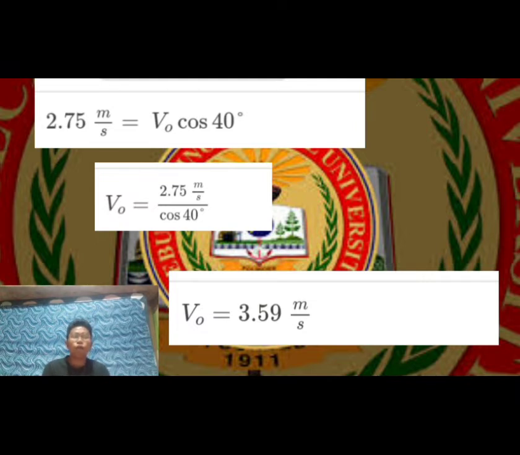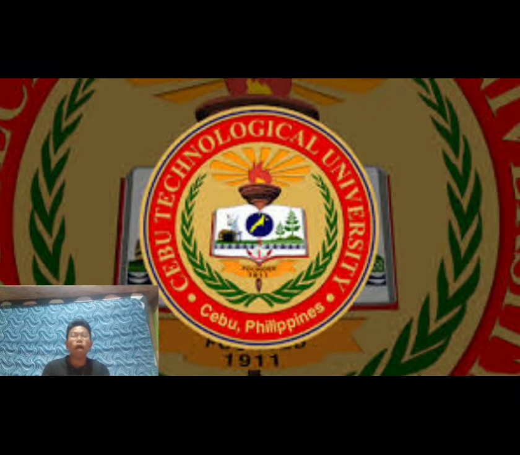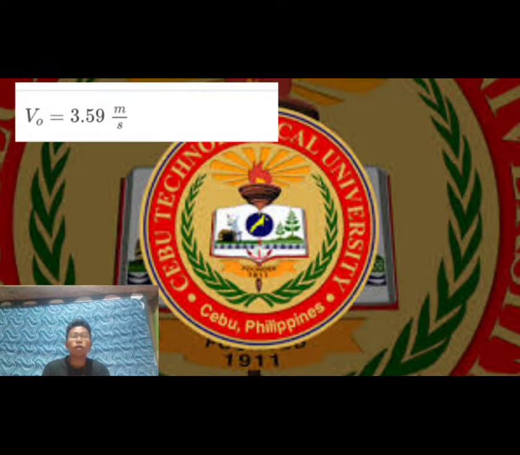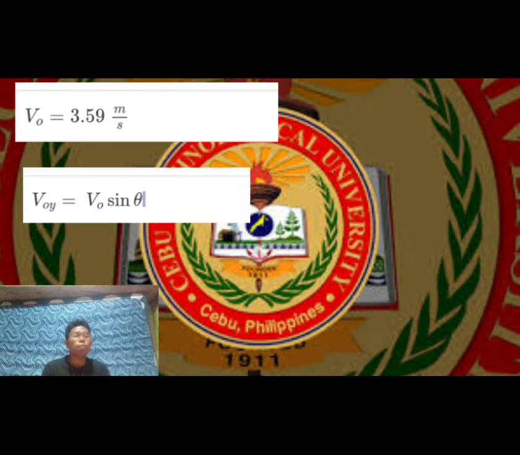Now, we need to find the initial velocity at y. So since we already have the initial velocity, it is easy for us to find the initial velocity at y. So the formula is v sub oy, or initial velocity at y, is equal to initial velocity times sine 40 degrees.